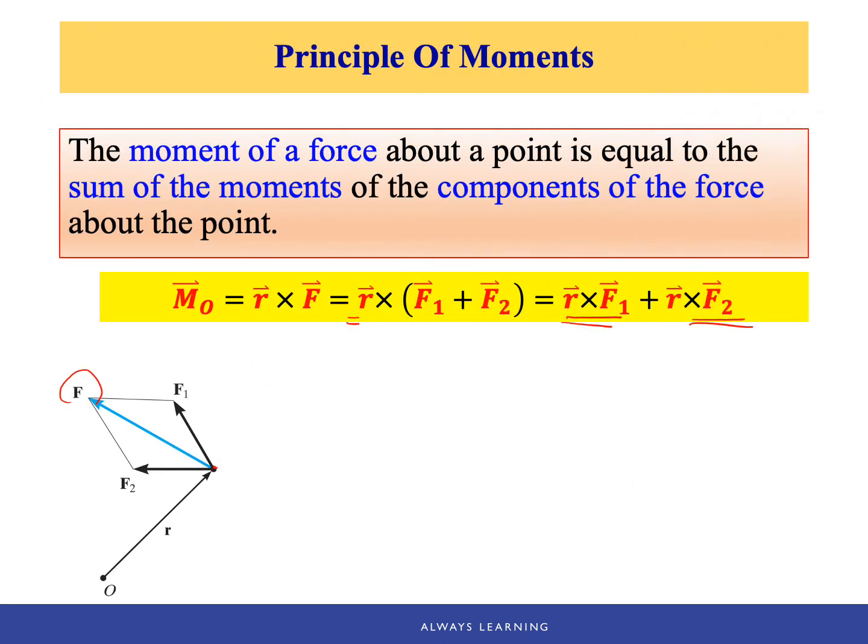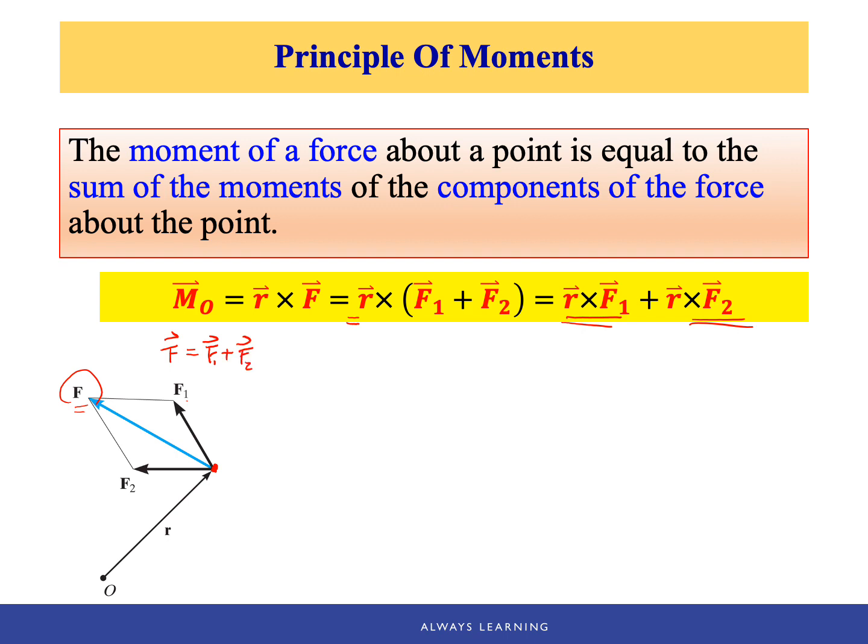The principle of moment states that the moment of a force about the point is equal to the sum of the moment of the components of the force about the point. So for example, if we have a force F applied at some point over here, and we can resolve the force F into two components, F1 and F2. So F equals force F1 plus F2.